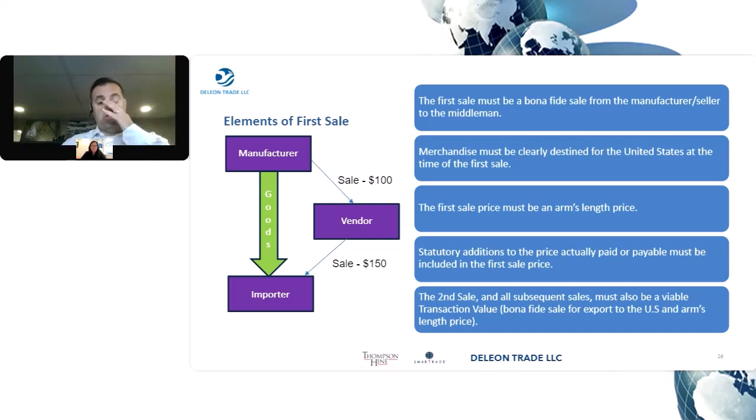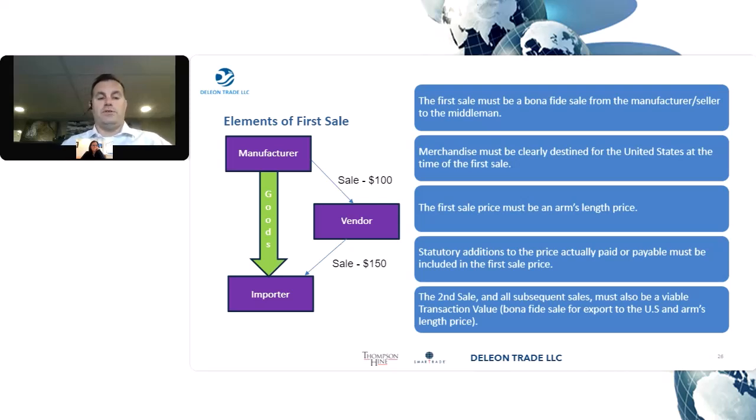The one other thing I wanted to say about this, you have to meet all of these criteria. So you have to have the bona fide sale. It has to be clearly destined for the U.S. at the time of the first sale. The first sale must be an arm's length price, which we talked about with related parties. And then the other thing, all those additions to value I talked about earlier: if the importer or the vendor or any entity in the transaction is providing an assist to the manufacturer, you have to make sure you include those.